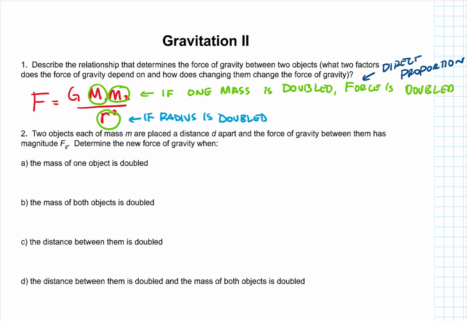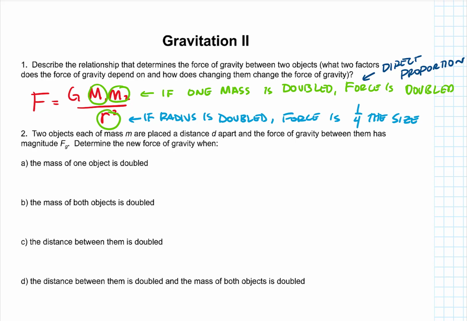So if the radius is doubled, we're going to take that force and cut it into fourths. If I triple the radius, I'm going to have 1/9 of the force that I had before. So, because it's in the denominator, that's inversely proportional, and because it's squared, we have to square that factor.